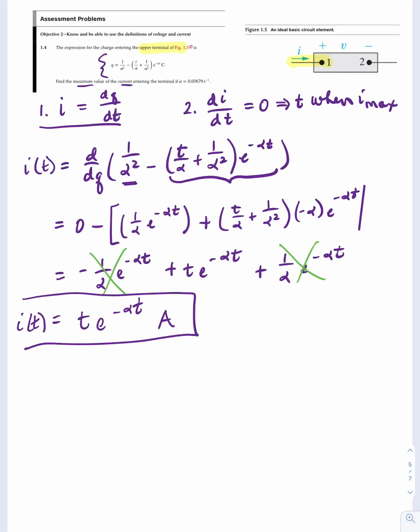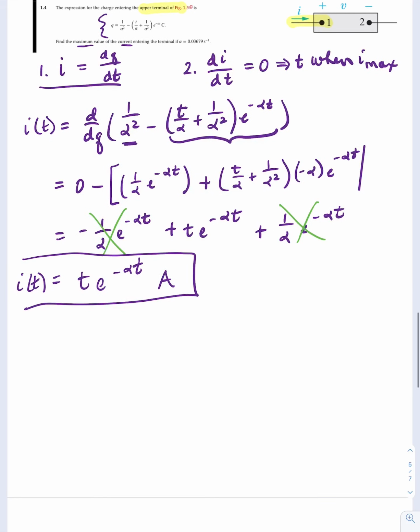Now we want to find the maximum value, so we need to find the derivative of current and set it equal to 0.